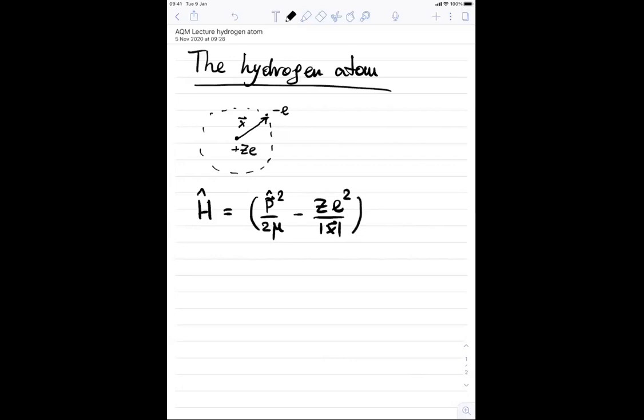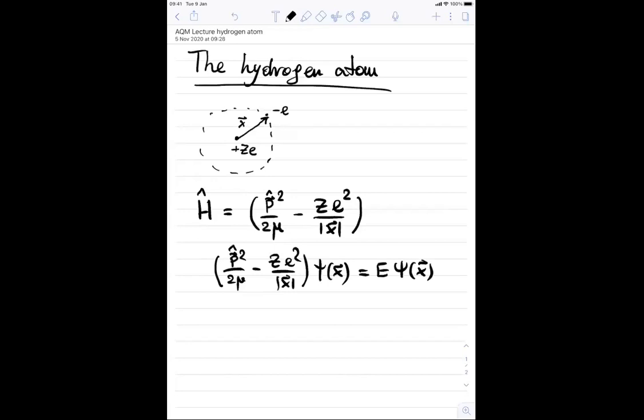So we have to find the spectrum of the following problem: p squared over twice the mass minus z e squared over x applied to a wave function psi of the relative coordinate x equal to e times psi of x.